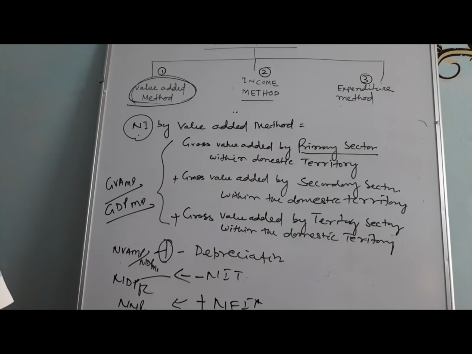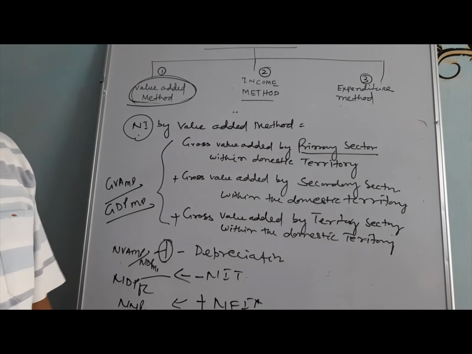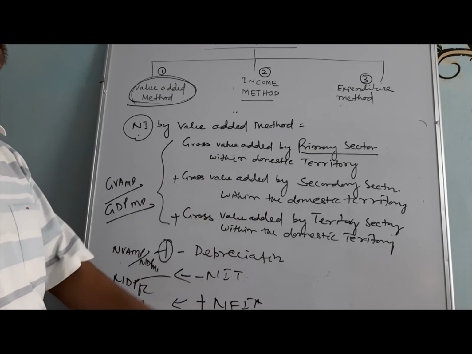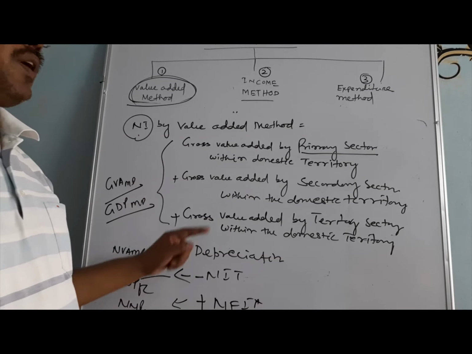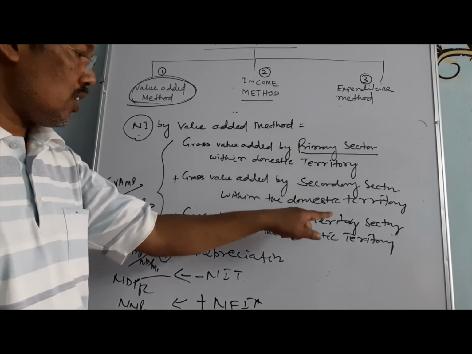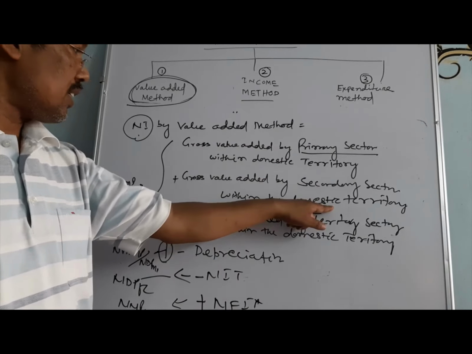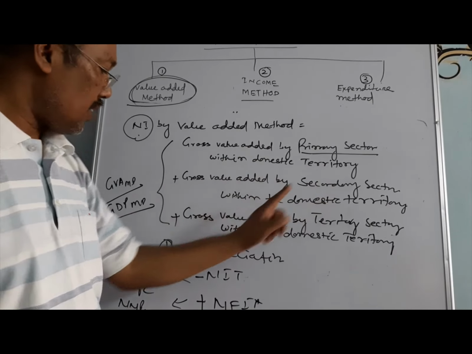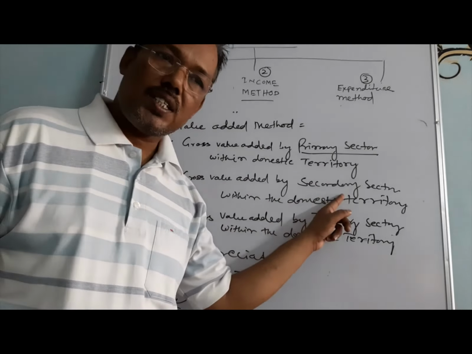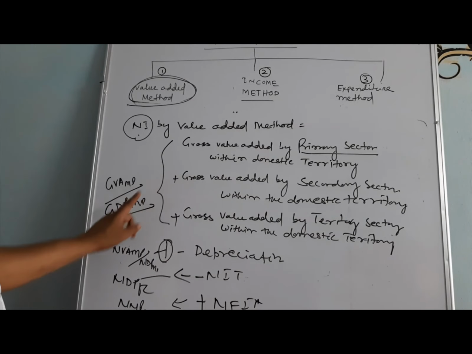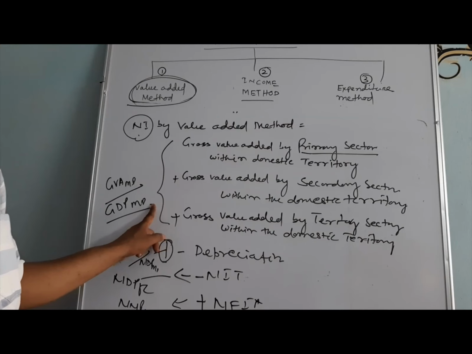After that, we have to find out the gross value added. First find the value of output of each sector. The value of output minus intermediate consumption is the gross value added of primary, secondary, and tertiary sectors. Then we get the gross value added at market price, or GDP at market price.